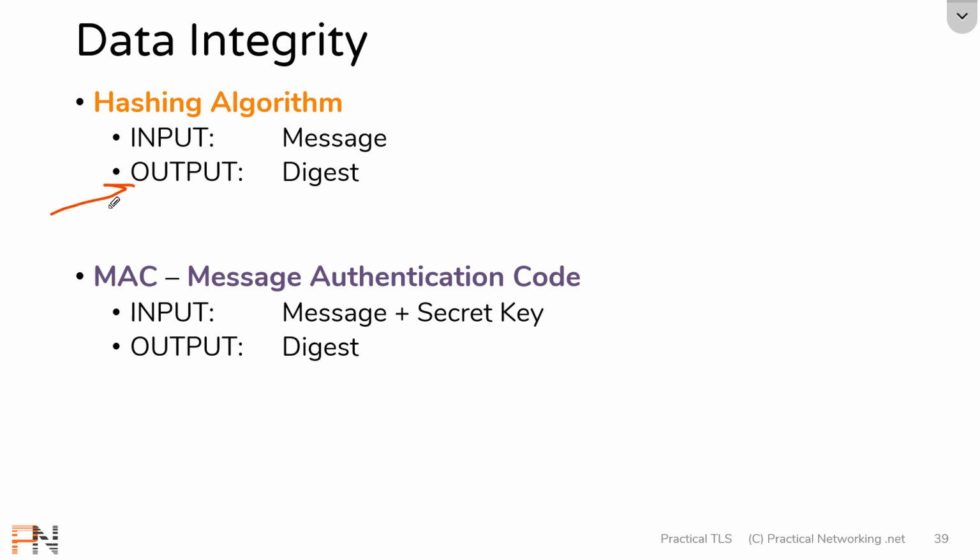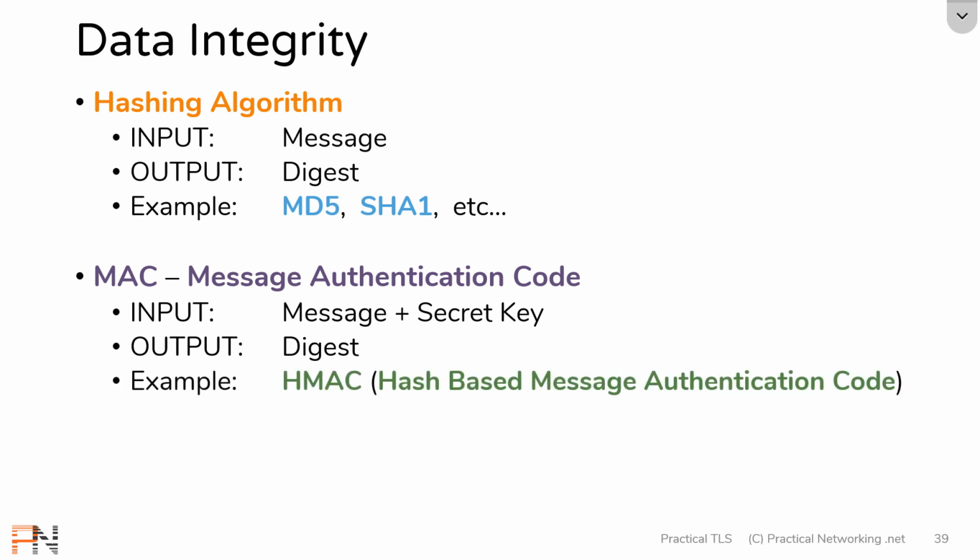A specific implementation of hashing algorithms are the MD5 protocol or the SHA-1 protocol, and a specific implementation of a message authentication code is the HMAC, or the hash-based message authentication code. The key takeaway for these last few lessons is understanding the definition of a hashing algorithm, a message authentication code, and an HMAC.